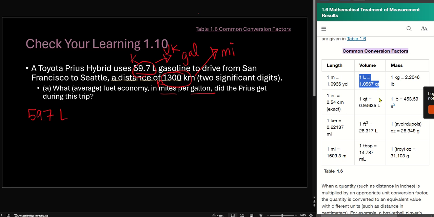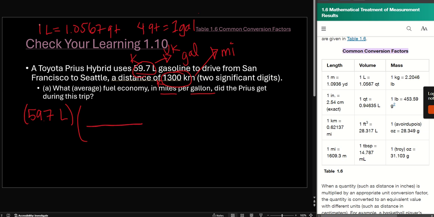Quarts is connected to gallons. I know, unfortunately, it's not on here, but 4 quarts equal a gallon. So we know that 1 liter equals 1.0567 quarts, and 4 quarts equals 1 gallon. Those are the ones we're going to use right now.